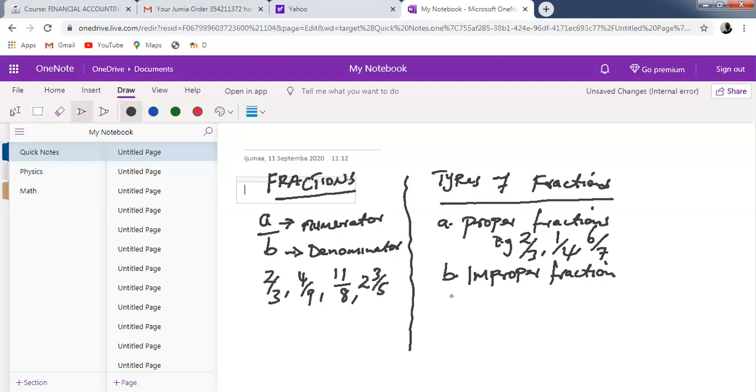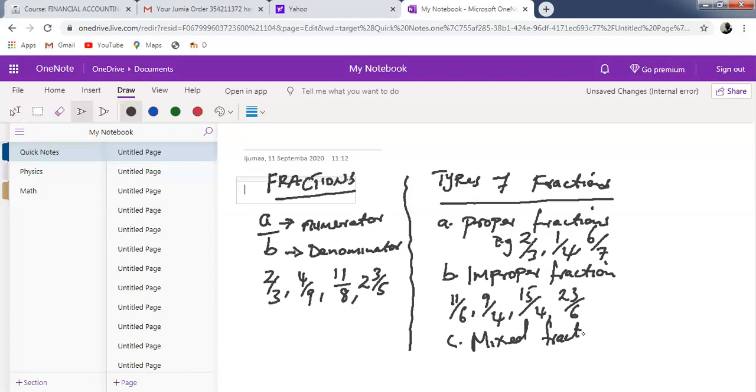For example, you can have 11 over 6, 9 over 4, 15 over 4, or 23 over 6. Any number where the numerator is bigger than its denominator is known as an improper fraction.